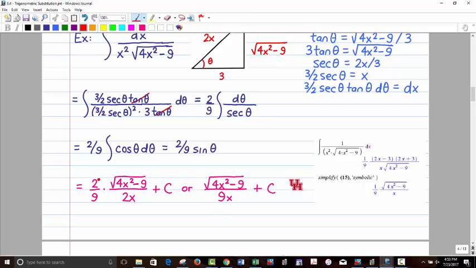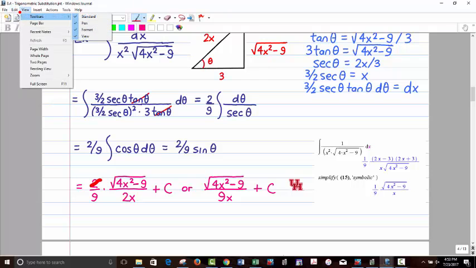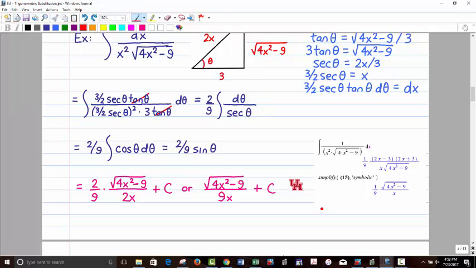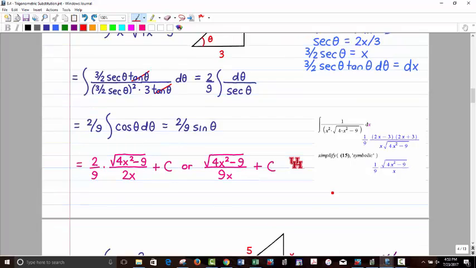In this answer, I just canceled the 2's. Obviously it's not wrong if you don't. And Maple seems to like my answer. They have the simplified answer there, so that's terrific.